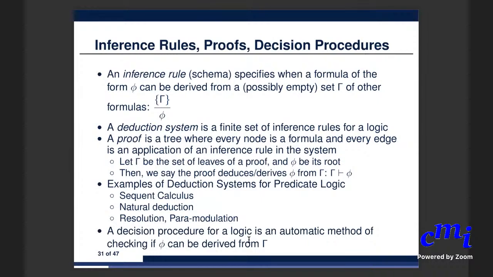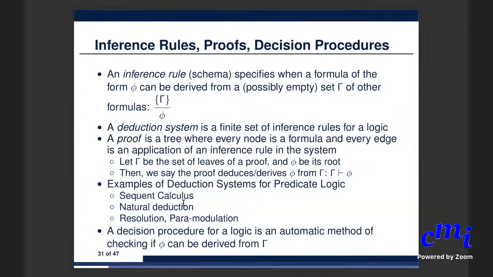A decision procedure for a logic is an automatic method of checking if phi can be derived from a set of assumptions. This can be viewed as a way of automating the search for a proof within a deduction system. That is one way to view it, or it can be a completely different algorithm.